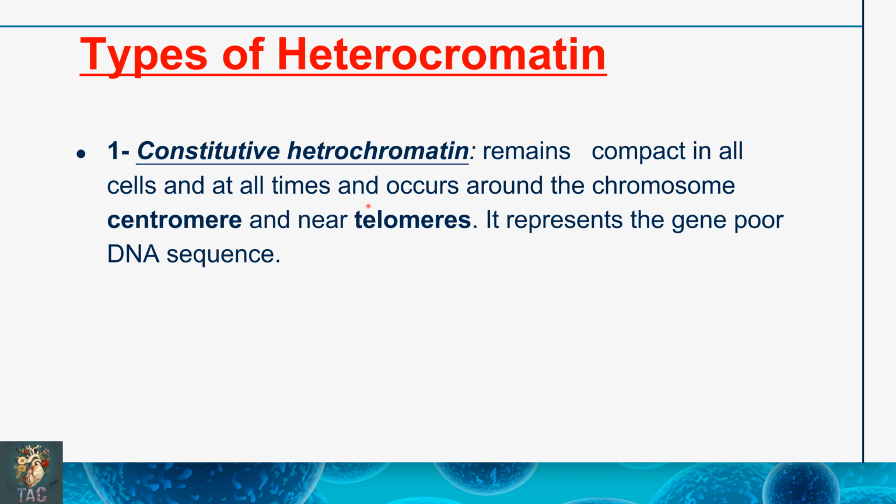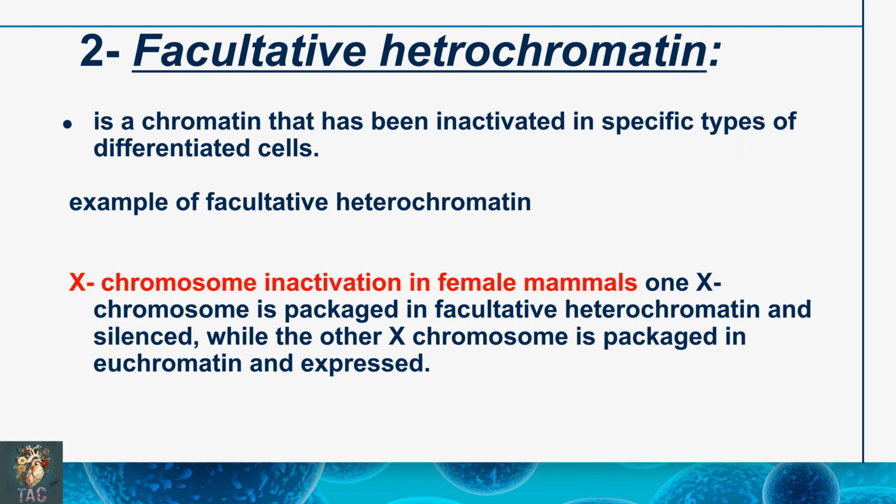So these are the two locations where the constitutive heterochromatin is present. It remains compact in the region of the centromere and in the region of the telomere. The telomeres are the ends of the chromosome where this is present, and it represents the area of the gene with poor DNA sequence.